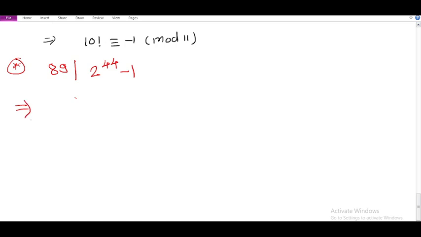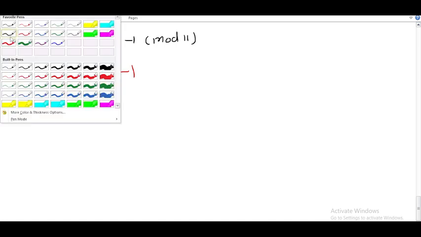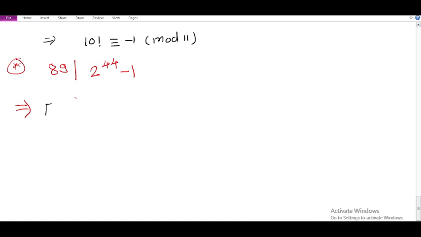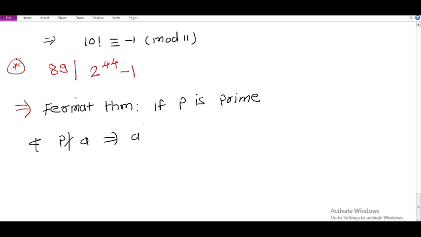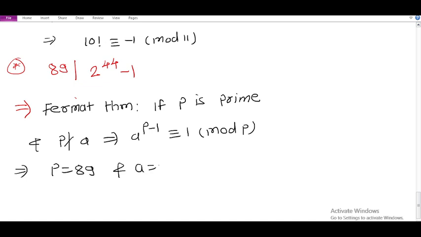Now again, by using Fermat's theorem, we know that if P is a prime and P does not divide A, then A raised to P minus 1 is congruent to 1 modulo P. So here P is 89 and A is equal to 2, and 89 does not divide 2.